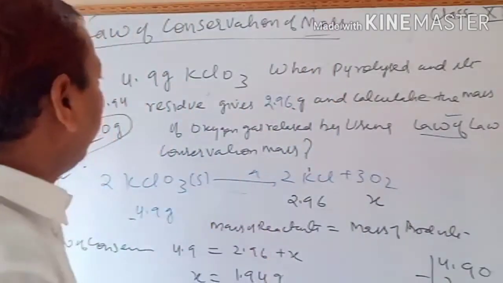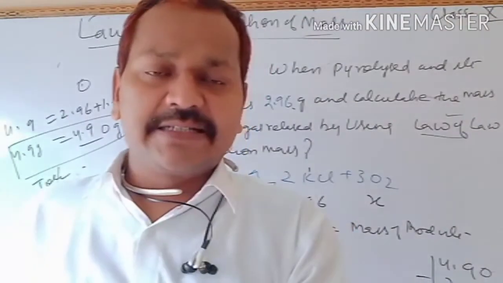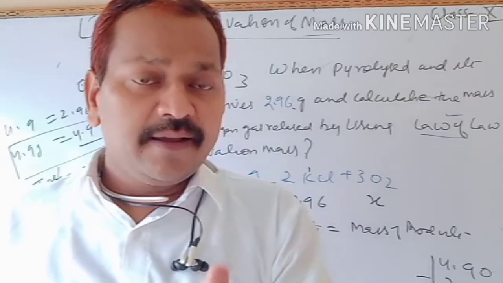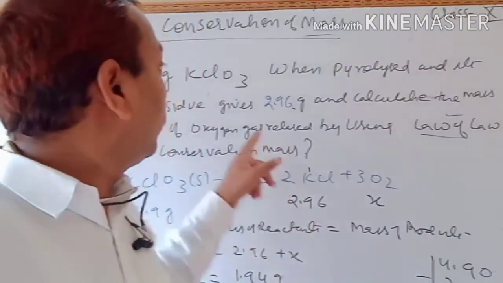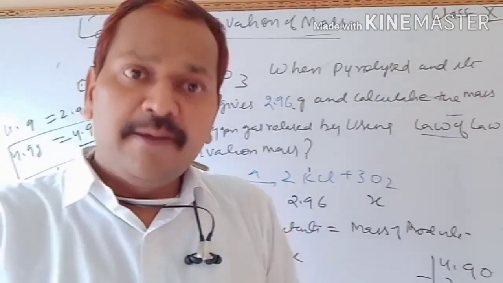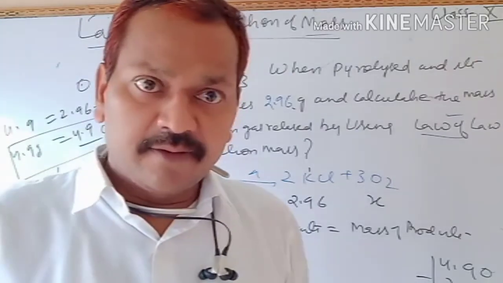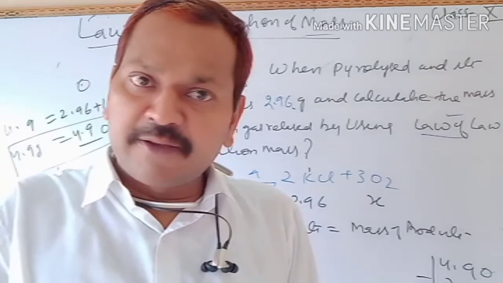Okay, so children, 4.9 gram of potassium chlorate when pyrolyzed gives a residue, and the residue mass is given, that is 2.96 gram, and we calculate the mass of oxygen released by using the law of conservation of mass. So the concept is this: total mass of reactant is equal to total mass of product.